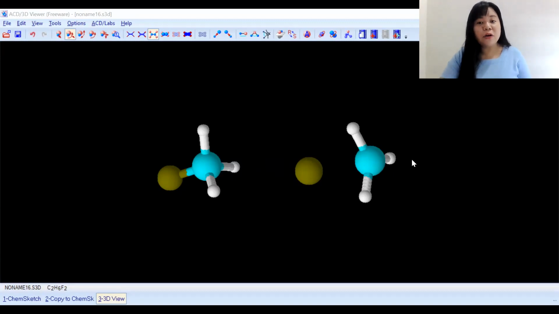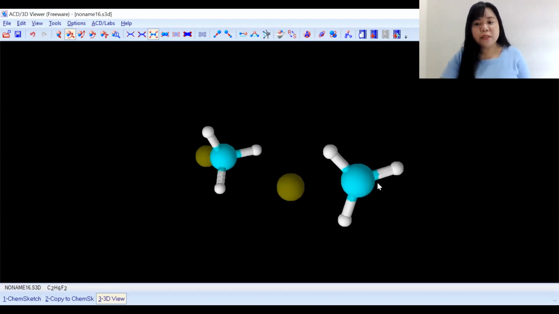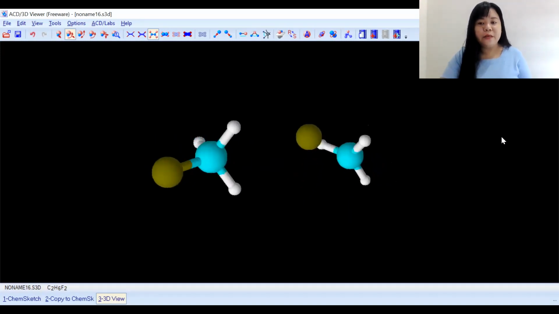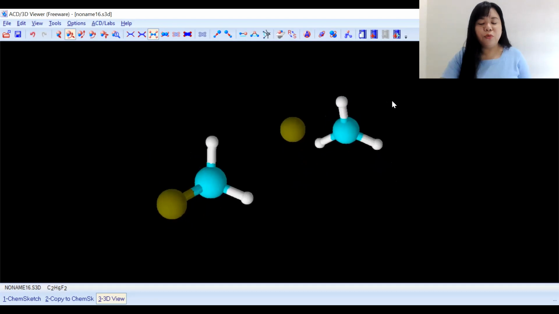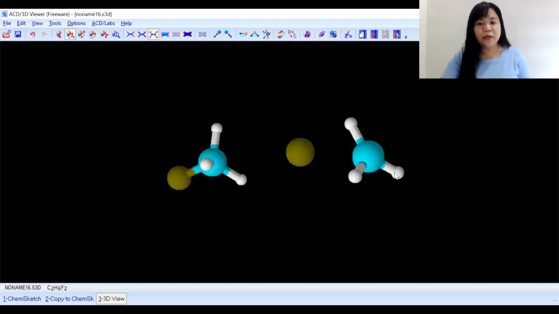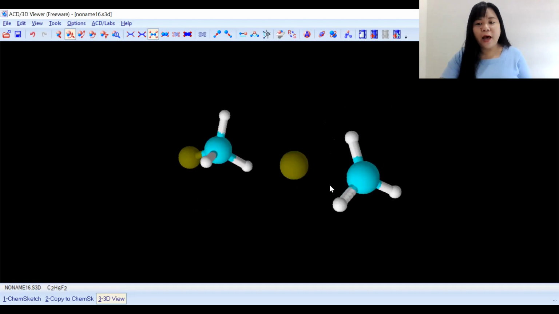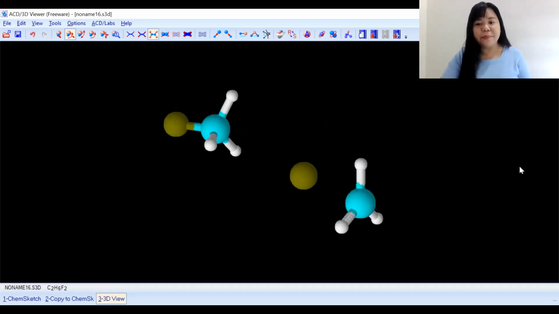Therefore, it will take on a new shape, which is trigonal planar. Okay, so that is the 3D view of these species. We have the tetrahedral shape here, and after the leaving group has left, we will have a trigonal planar shape.